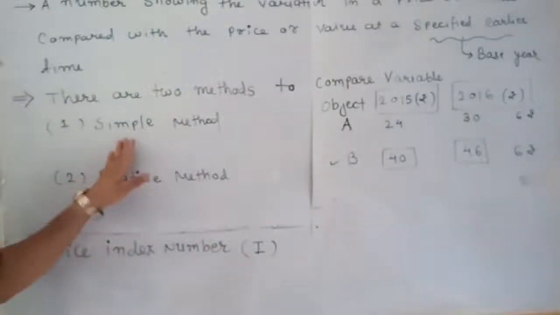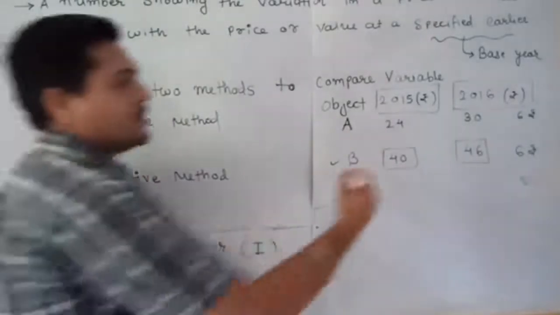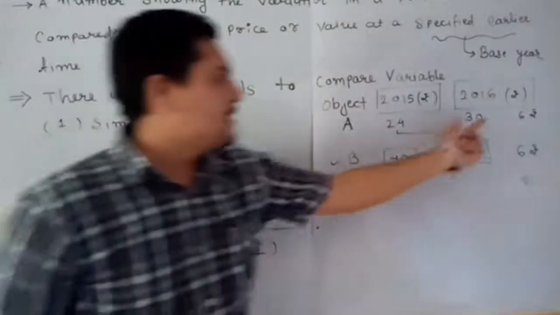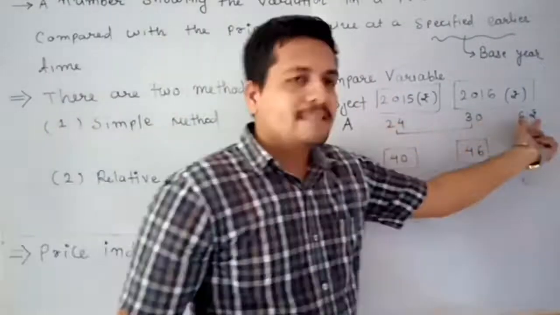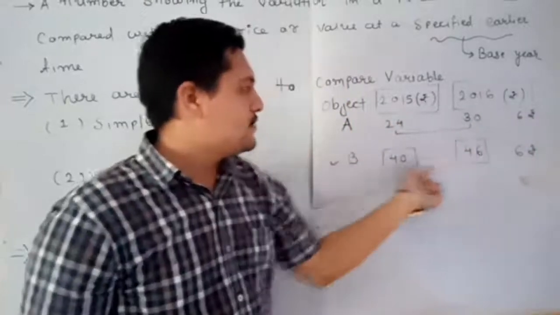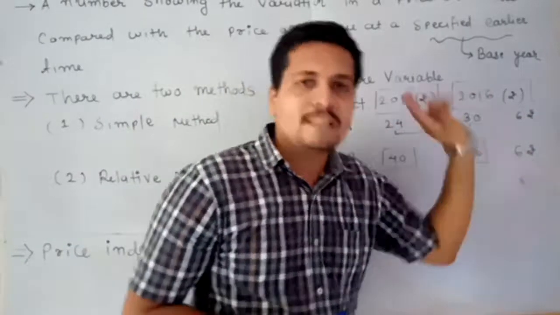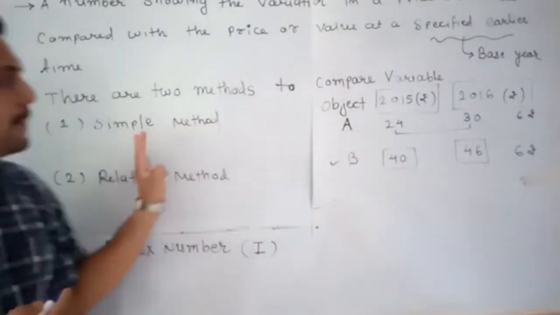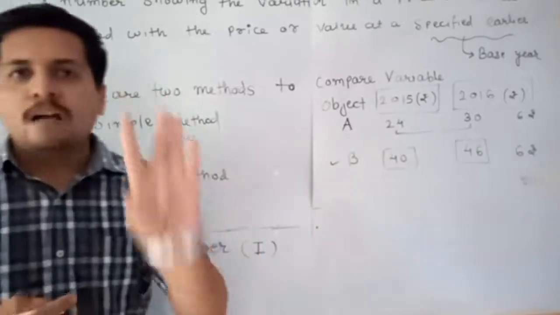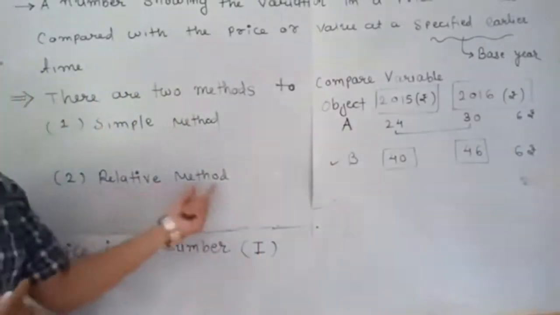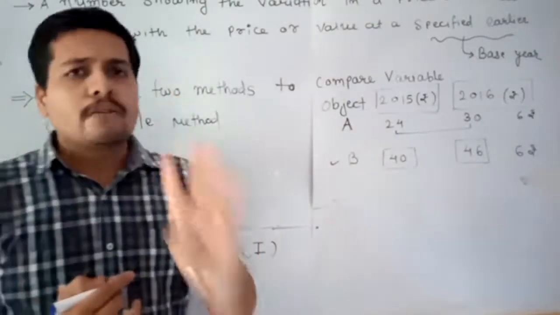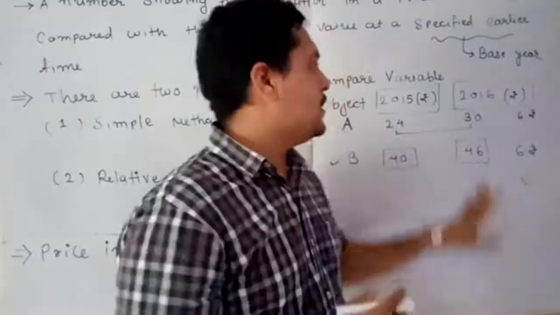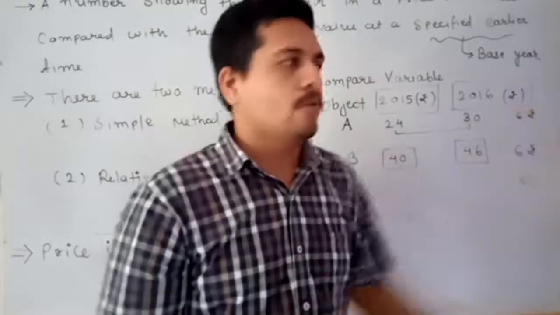First, the simple method. In the simple method, we just compare the two prices: 30 minus 24 gives 6 rupees, and here also 46 minus 40 gives 6 rupees. So this is called the simple method of comparison. The other method is the relative method of comparison. In the relative method, we take the ratio of both prices.